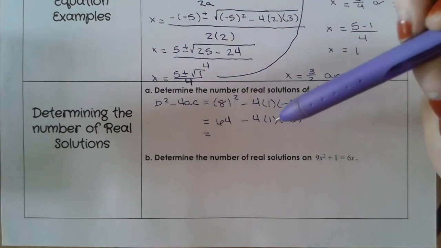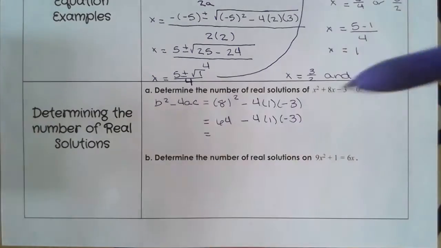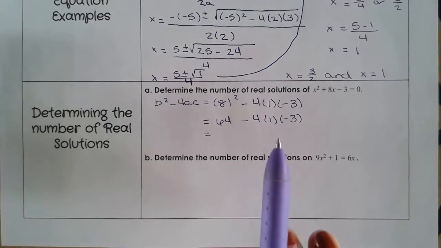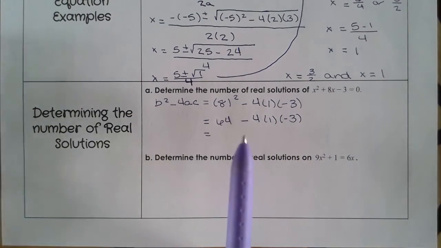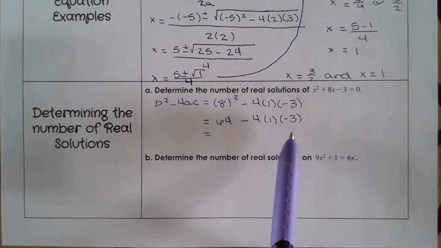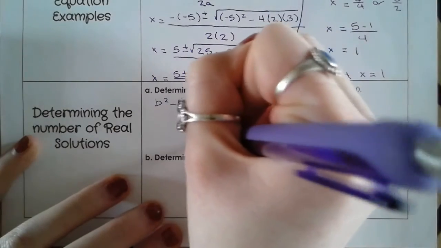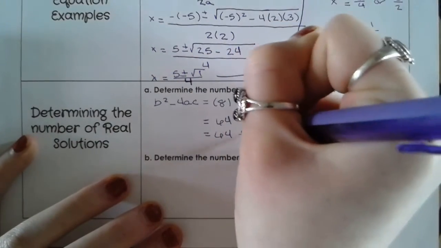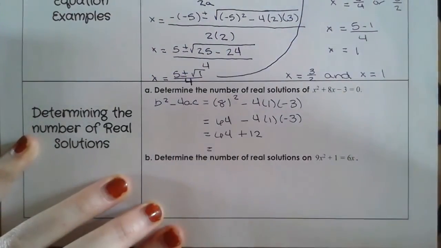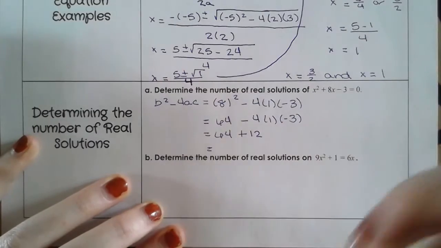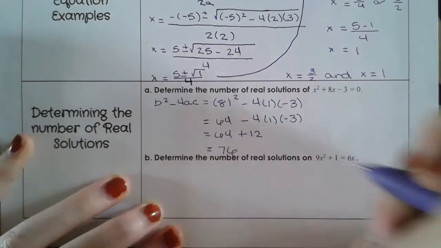So I have -4 times 1 times -3. Multiplying by 1 doesn't really change anything, so I'm just going to do -4 times -3, and that's going to give me +12. So I'll have 64, because I'm carrying that down, plus 12. Then when I add those together, I'm going to get 76.